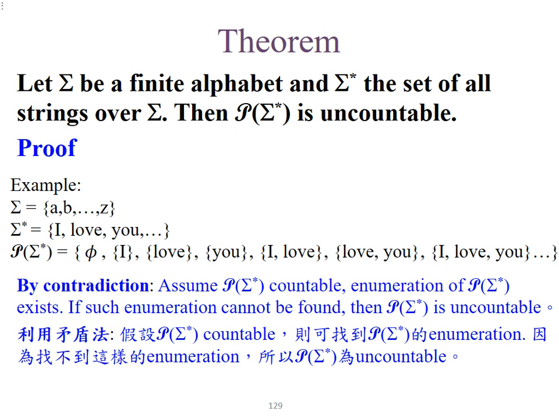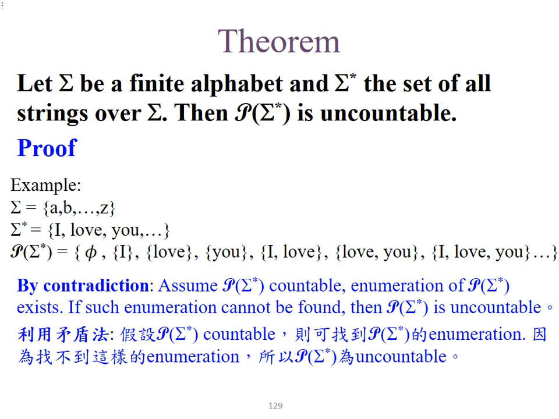Let me give you a real example here. If we have the finite alphabet set sigma, that will be the English characters A, B, C, D to Z. We can use this alphabet set to construct our strings, sigma star. So we have the string "I love you", and we have so many others.